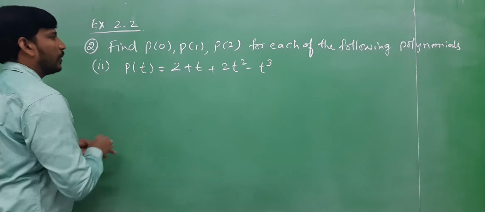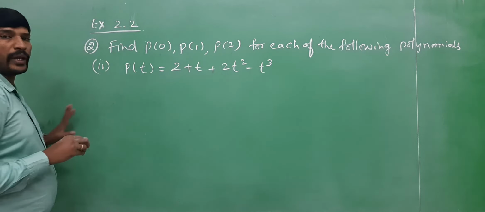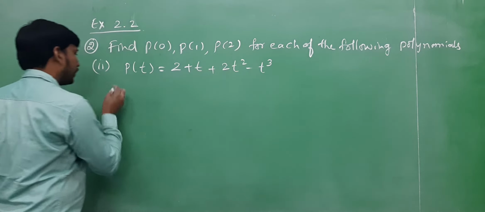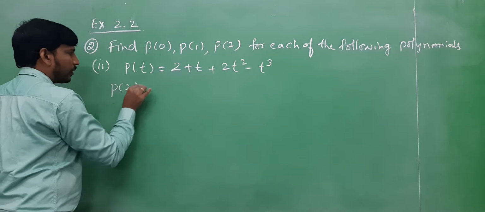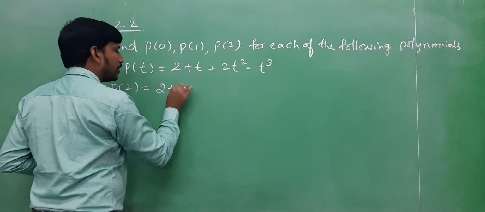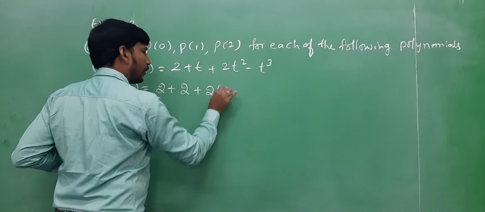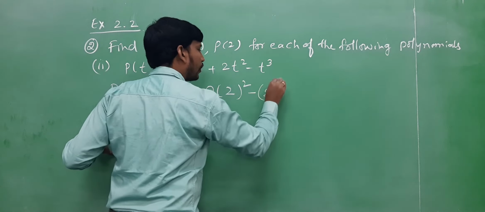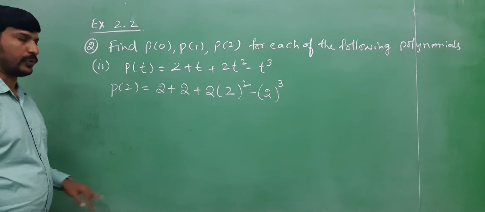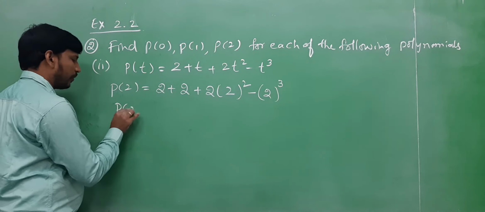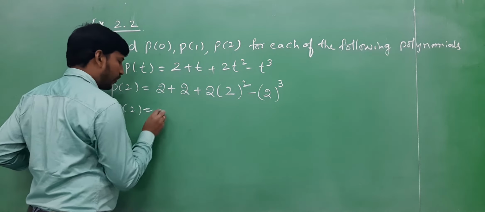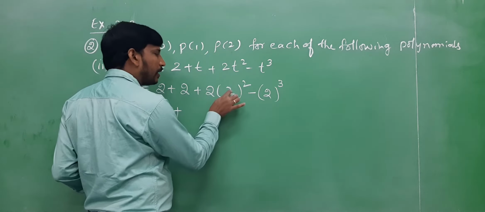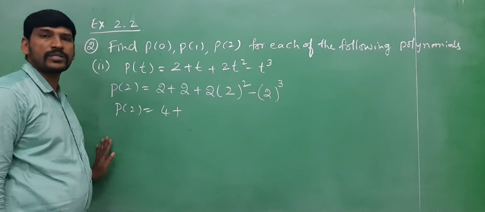Next, P of 2, we need to find out P of 2. That is, in the place of t, replace 2 here. So P of 2 is equal to 2 plus 2, plus 2 into 2 square minus 2 cube, to the power of 3 here. Now P of 2 is equal to 2 plus 2, 4, plus 2 into, first of all simplify the bracket part, 2 square. 2 square is how much? 4 here.